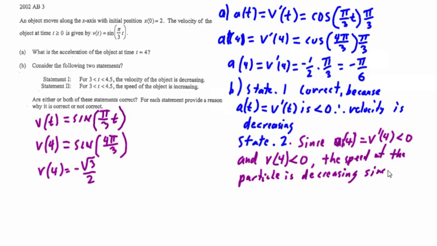Since a of 4 and v of 4 have the same sign, the statement is correct.